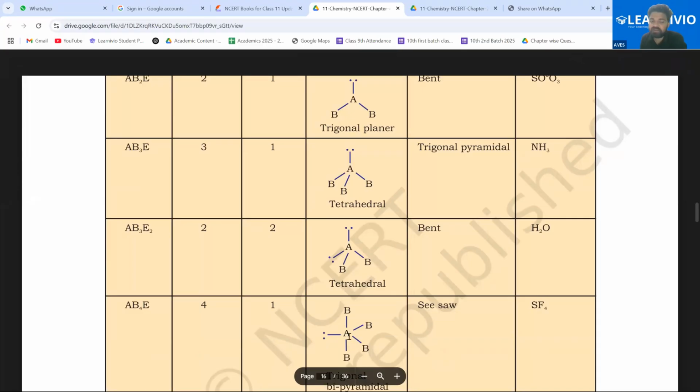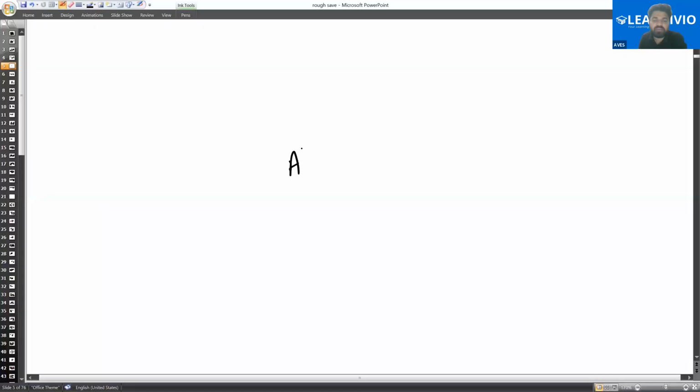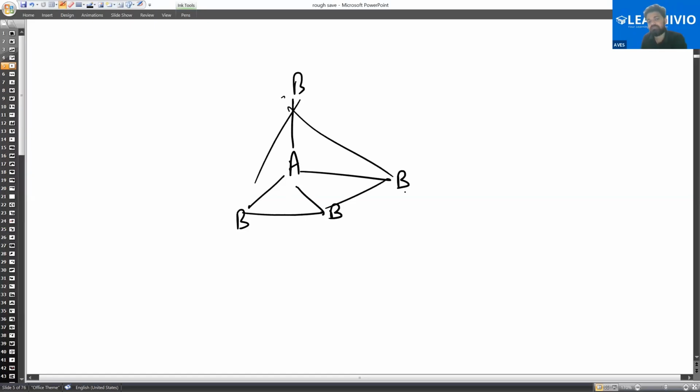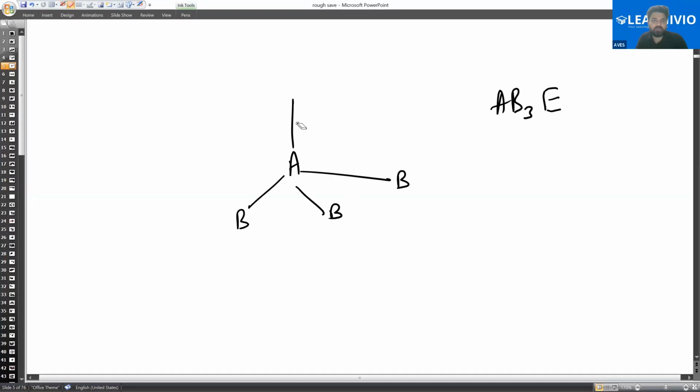Now in place of the fourth B we have to put E. So you must remember that the shape of AB4 is tetrahedral. But yours is AB3E, so in place of this B, put E. E means electron pair. Now the shape will be pyramidal shape. This is the pyramidal shape, like the pyramid we have. Got it? So it is pyramidal shape.